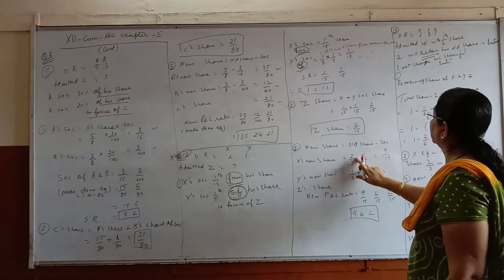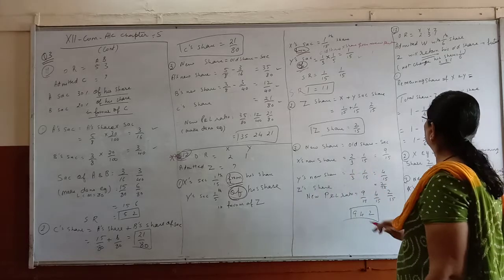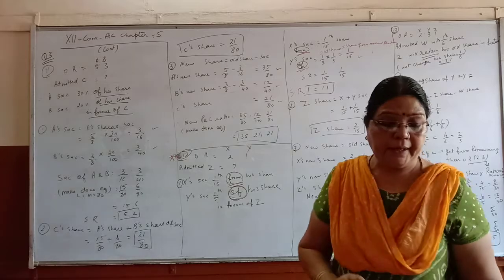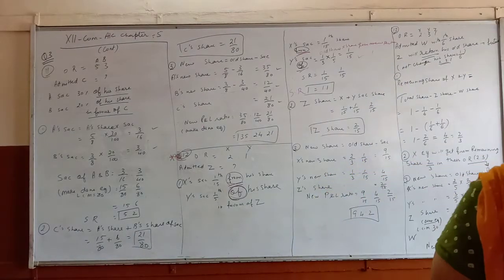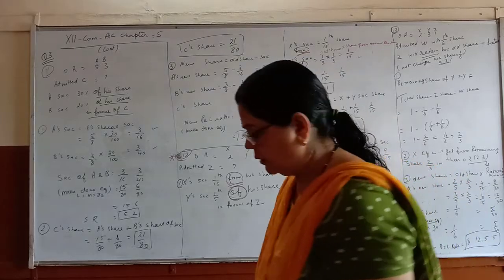So here you have to subtract. New share equals 2 upon 3 minus 1 upon 15.